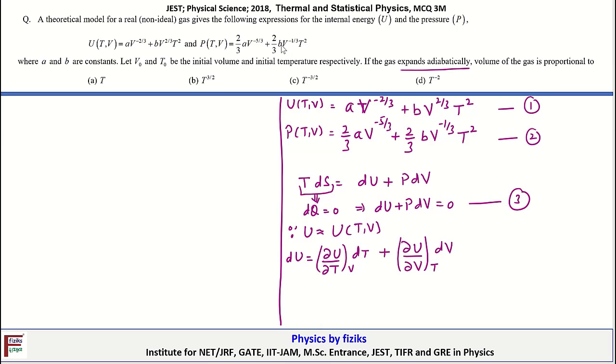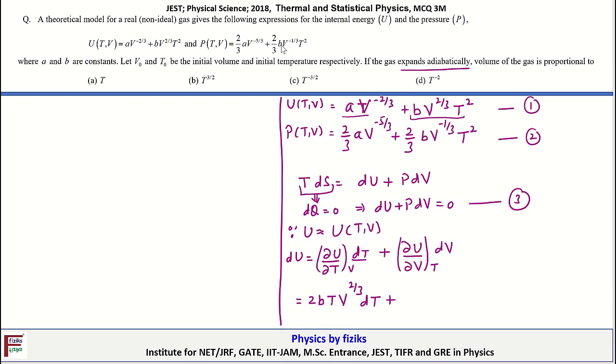So dU is equal to, now ∂U by ∂T at constant volume. By keeping the volume constant, the first term will not contribute, so we obtain 2B T V power 2 by 3. This is the differential that we obtain from this part, and then multiplied by dT. Now the second differential, which is ∂U by ∂V at constant temperature. From here we will obtain two terms.